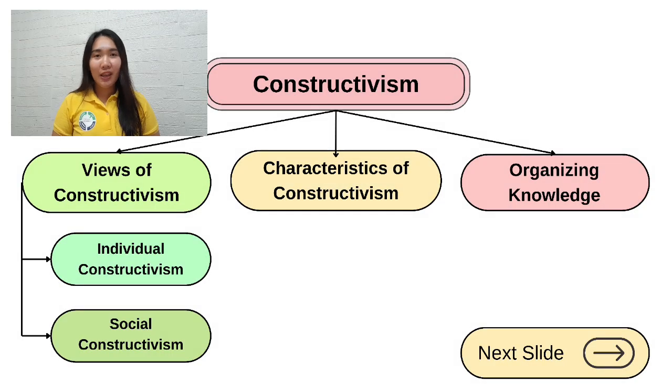I have here presented to you our advanced organizer, wherein we are going to discuss views of constructivism, which consist of individual constructivism and social constructivism. We are also going to elaborate the characteristics of constructivism and organizing knowledge.